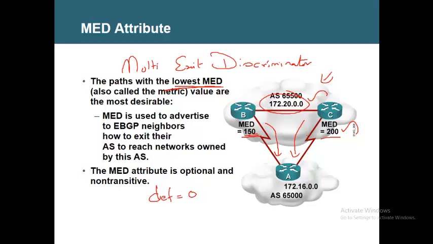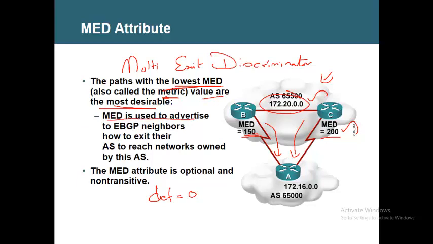Now A will prefer B. Why? Because B is giving a small MED value compared to C. MED is also called the metric of BGP. The path with the lower MED value is more desirable.